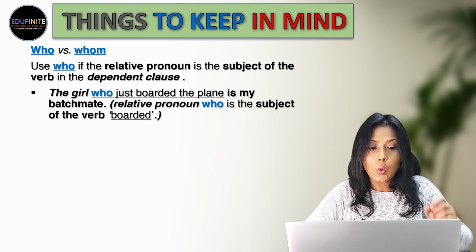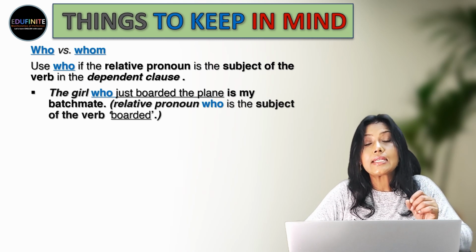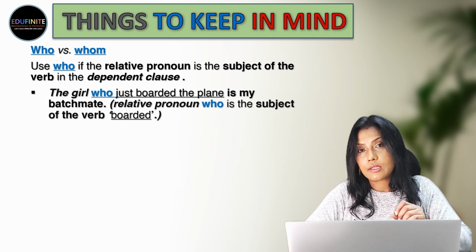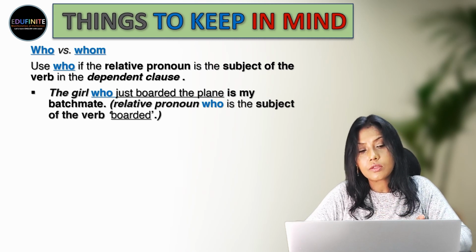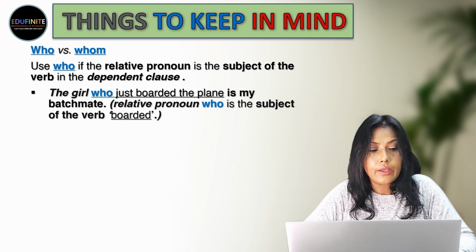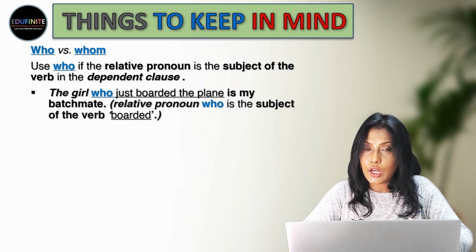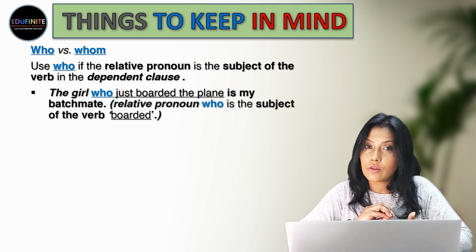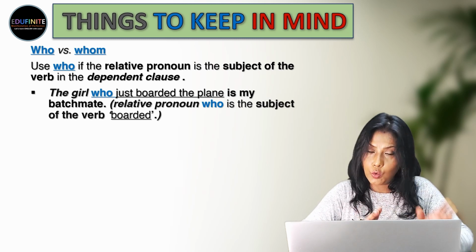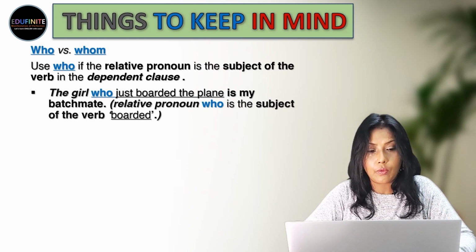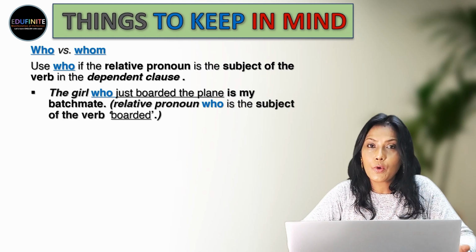Now here, who is the subject of the verb boarded in the dependent clause or the relative clause. So when it is the subject, where we have to place a relative pronoun, you without any doubt put who, because who is a subject pronoun.